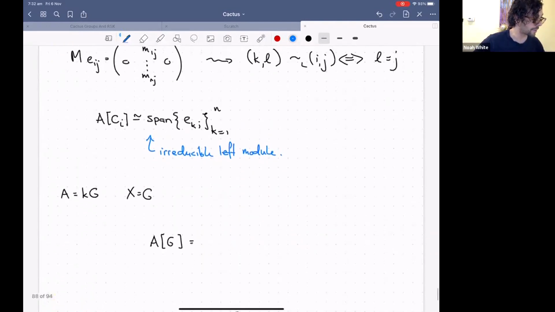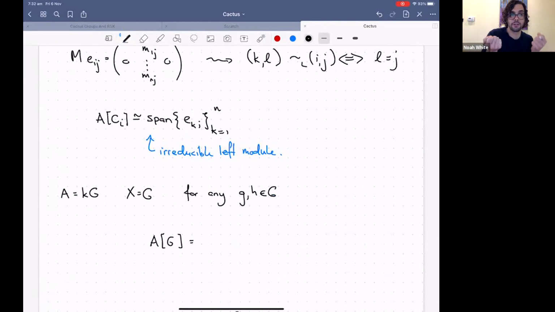Let's look at the group algebra for a finite group. And so then our combinatorial set labeling our basis is just the group itself. If we take any pair of elements g and h in G, then of course there's another element in the group that moves us from g to h.